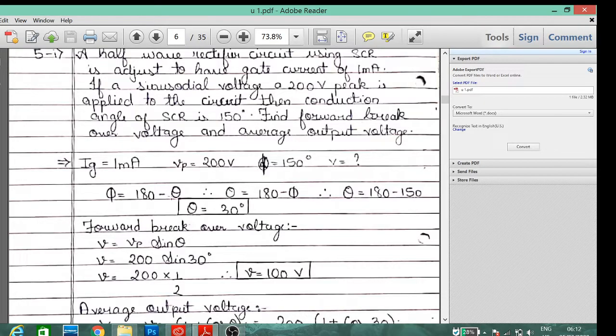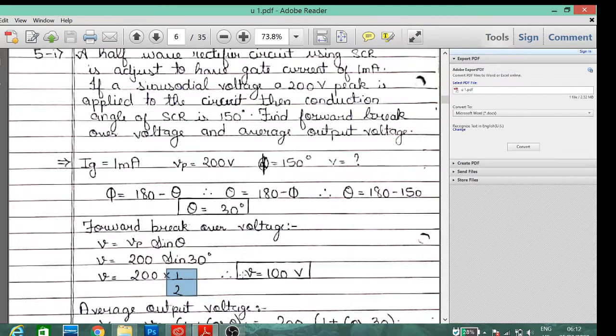that is, theta is equal to 180 minus 150. Therefore, theta will be 30. The forward breakover voltage is V equals Vp sine of theta. Theta is 30, which we calculated over here. So 200 Vp into sine of 30. Sine of 30 is nothing but half.